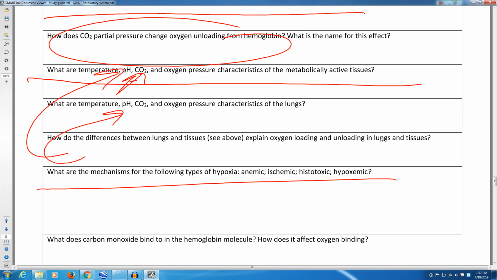Hypoxia. I deliberately made it a little larger. Anemic. Quickly. Not enough red blood cells. Ischemic. Of what? Blood flow. Not enough blood flow. Histotoxic.